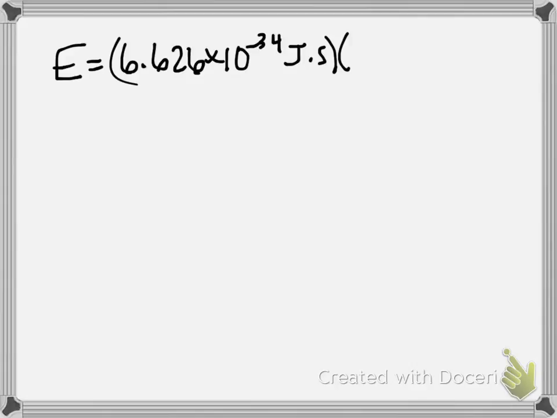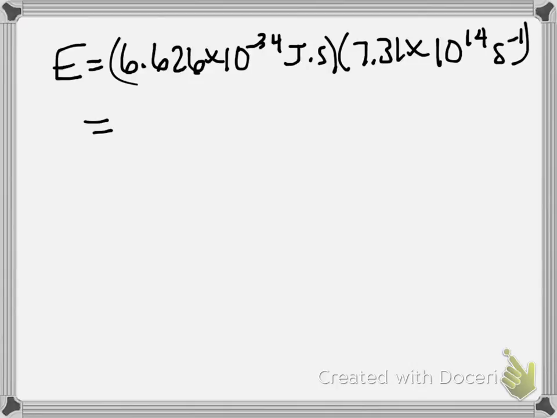Now that I have frequency, I can find energy. Energy equals Planck's constant, 6.626 times 10 to the negative 34th joules times seconds, times frequency, 7.31 times 10 to the 14th seconds to the negative 1.